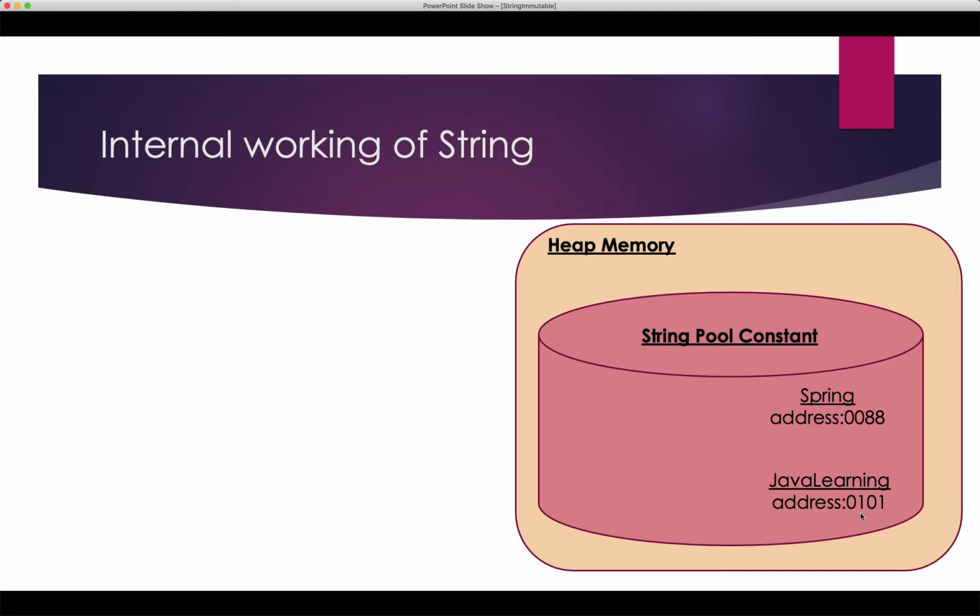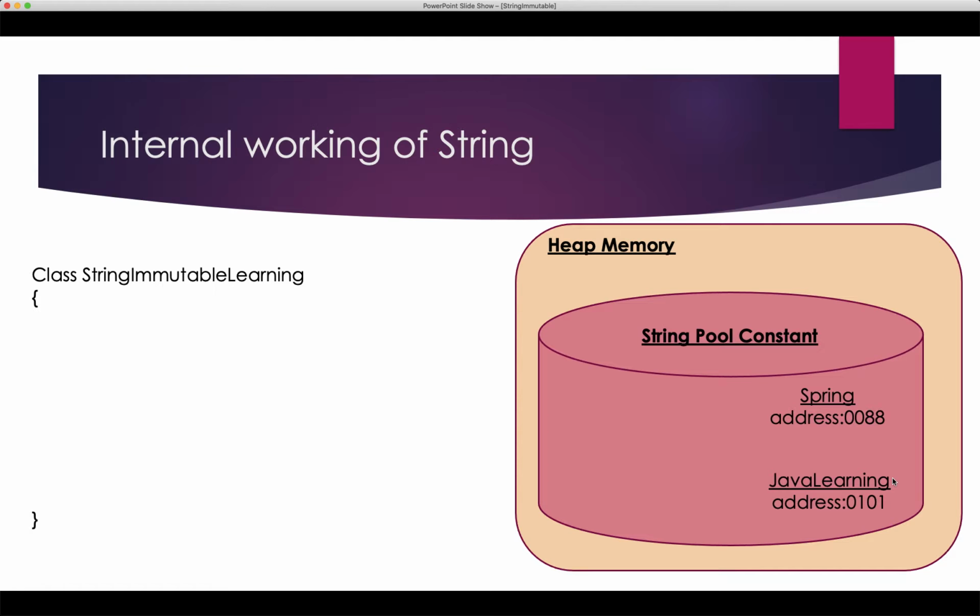This address is given by the JVM, so we don't worry about the addresses. The concept here is that on address 0088 the value present is Spring. Similarly, on address 0101, the value present is Java Learning.